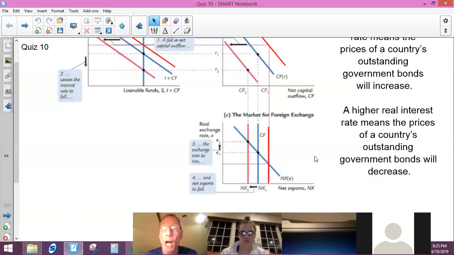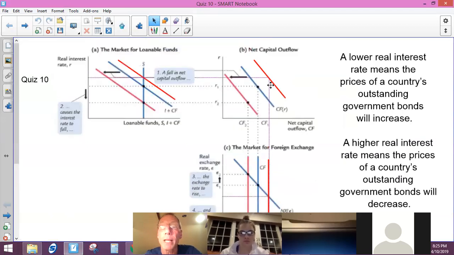Okay, so the opposite of what I just said would be if the capital outflow increased, right? And this is the purple line. You're going to get a higher interest rate, and you're going to get a lower price for the country's outstanding bonds, right?